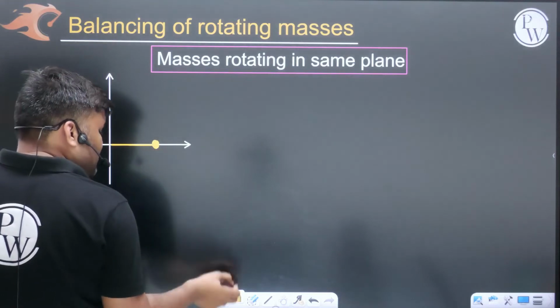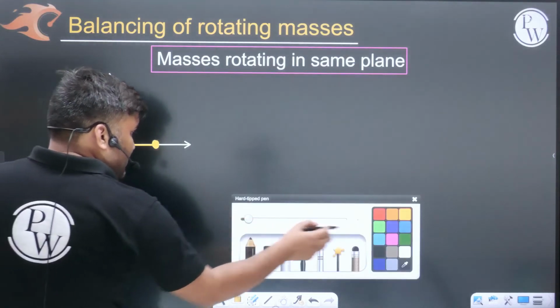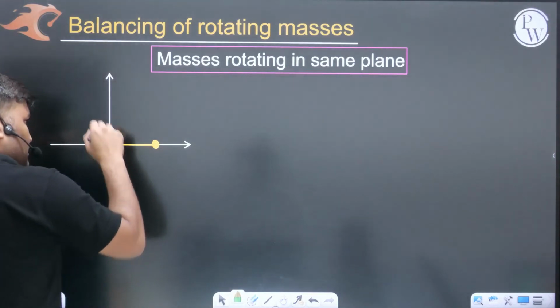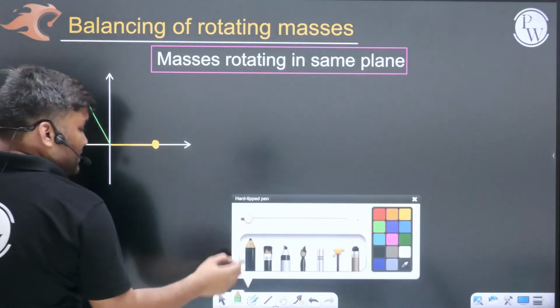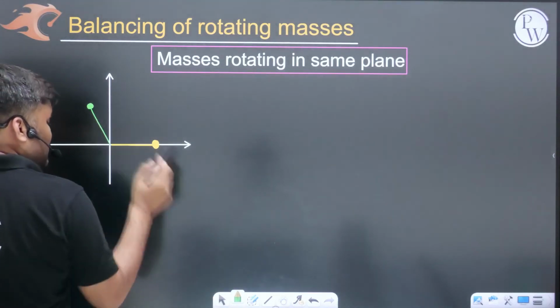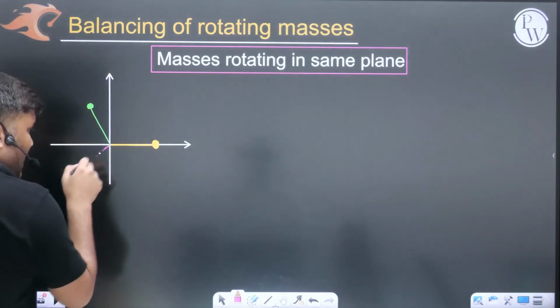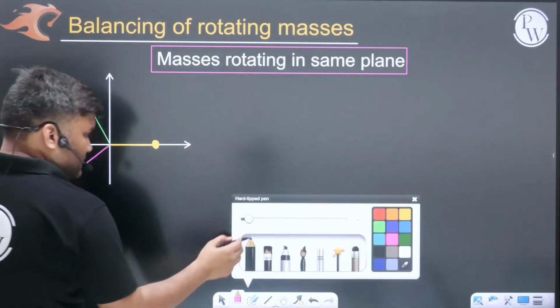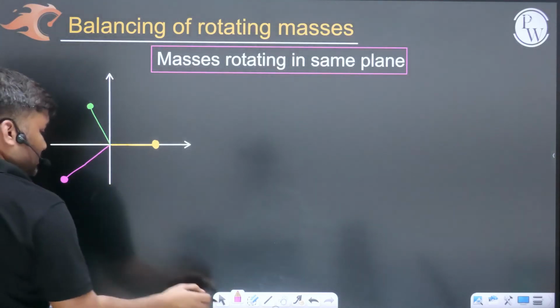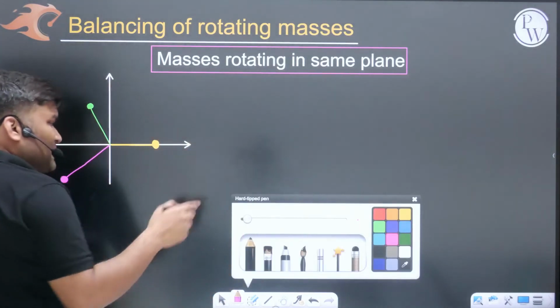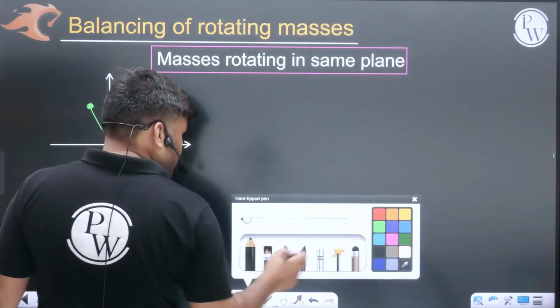Some mass m1 is there, another at distance r2 some mass m2 is there, at distance r3 some mass m3 is there. These masses are rotating in the same plane. They rotate in the same plane.